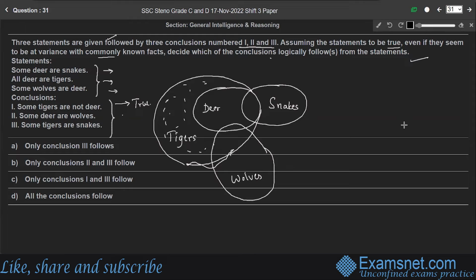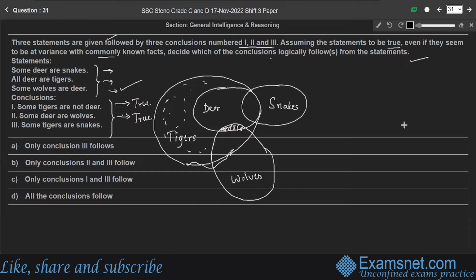So the second one, some deer are wolves. From statement 3, some wolves are deer. That means this portion which I am showing now indicates some deer are wolves, which is also true.